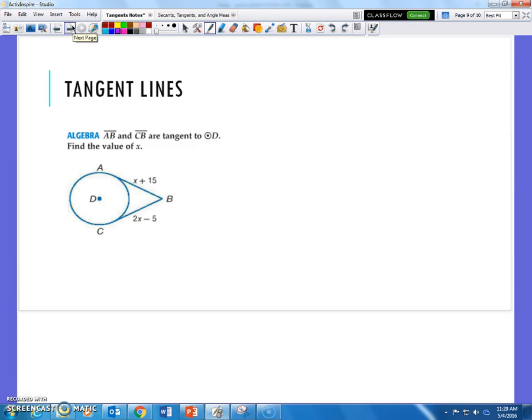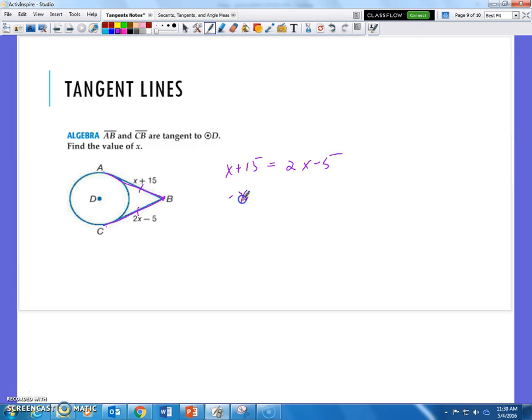So in this case, it says segments AB and CB are tangent to circle D, find the value of x. Well, if they are both tangent, the last term that we just talked about says that if it's tangent from the same point, the segments from the point to the point of tangency are congruent. So I know that x plus 15 must be equal to 2x minus 5.